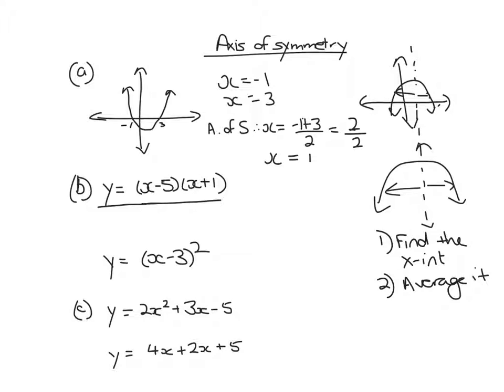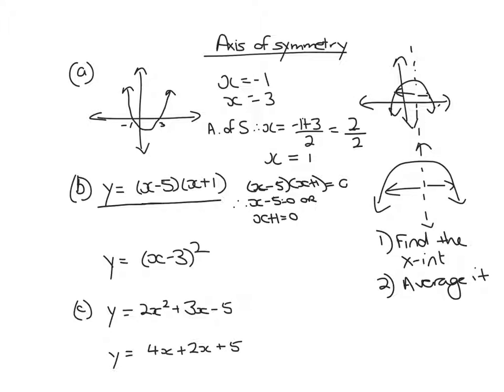Remember that the x-intercepts are when y is equal to 0. So I'm going to go (x take 5)(x plus 1) doesn't equal y anymore, it equals 0. So therefore, x take 5 equals 0, or x plus 1 equals 0.